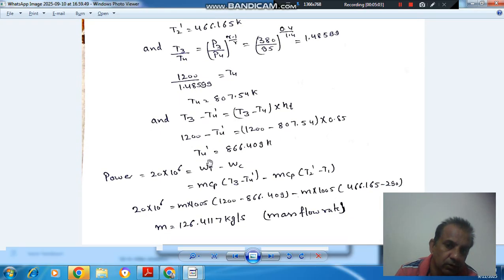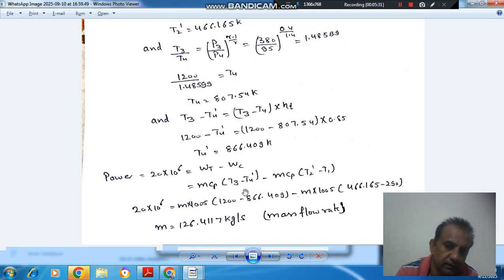Now T4 dash is calculated, that is 866.409 Kelvin, and power is given, that is 20 megawatt or 20 into 10 power 6 watt. That is the turbine work per second minus compressor work per second. m Cp into T3 minus T4 dash is turbine work, and m Cp into T2 dash minus T1 is the compressor work.